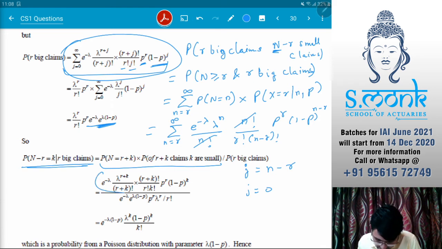So therefore this becomes our numerator divided by probability of r big claims, that would be this. And if you cancel everything out, you will get something like this. That means n minus r, that is small claims, will also follow Poisson distribution with lambda 1 minus p.